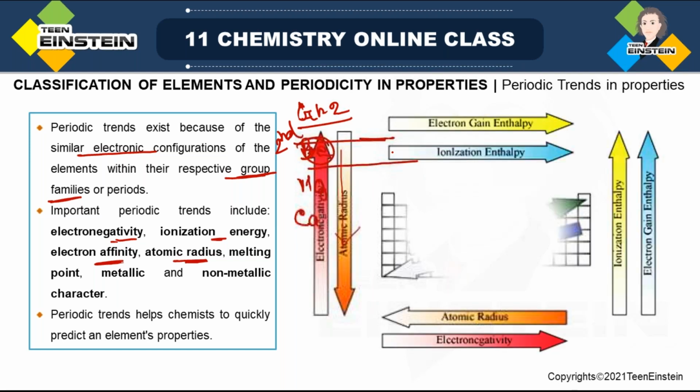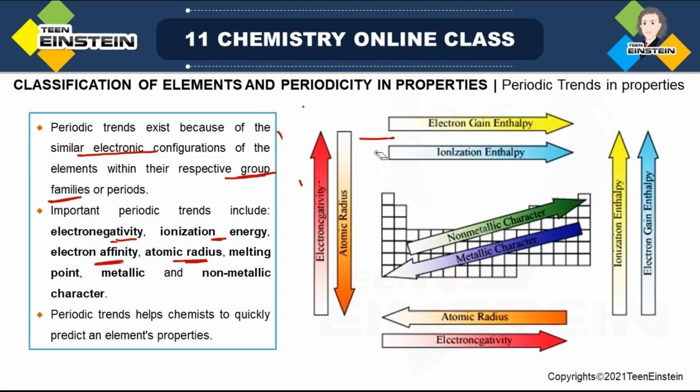Here we have a picture, though from this picture right now you will not be able to understand the details, but in a nutshell, if we consider the trends of these different types of properties, obviously there are some exceptions because of some special cases that we'll discuss separately when we individually focus on these properties. Okay, so here you can see we have taken electronegativity, atomic radius.